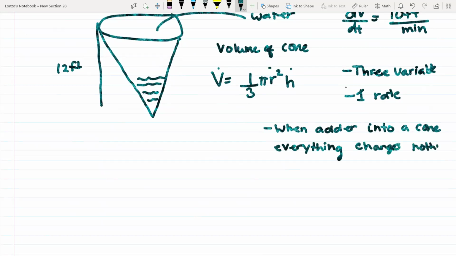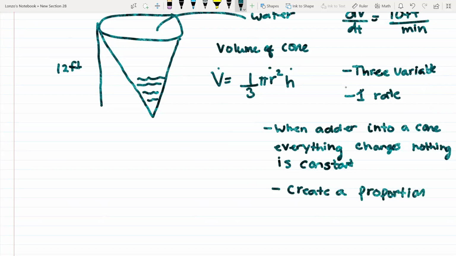So we can't really use a substitution, since everything is not constant. We'll have to create a proportion from the information that was given.